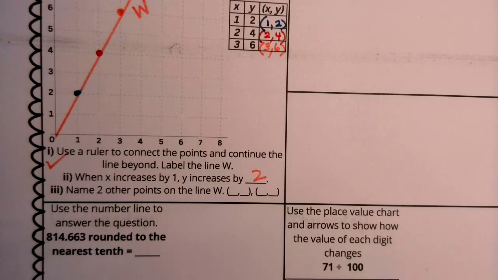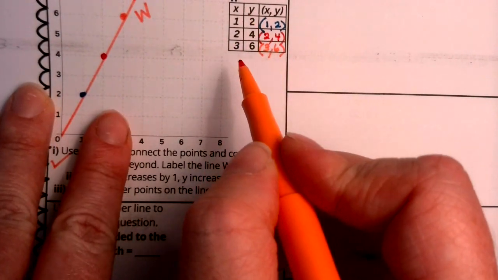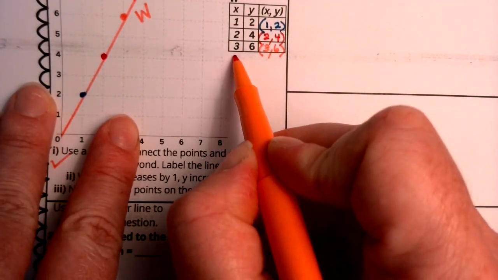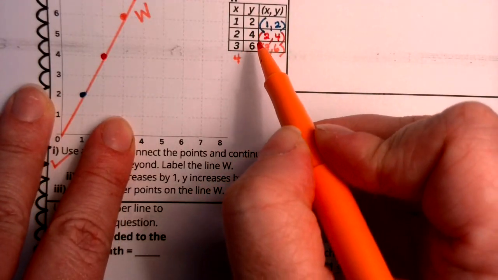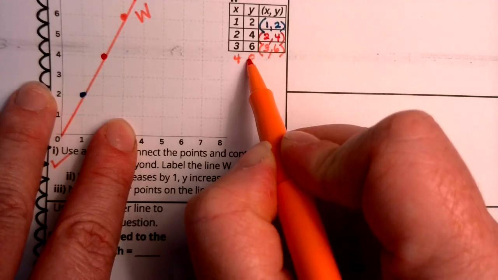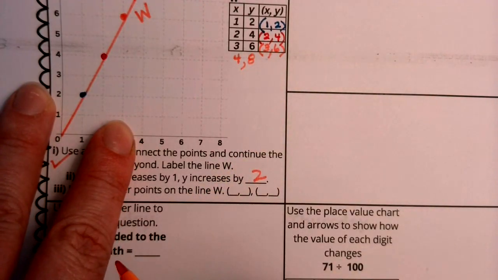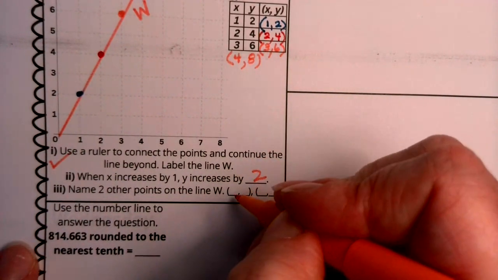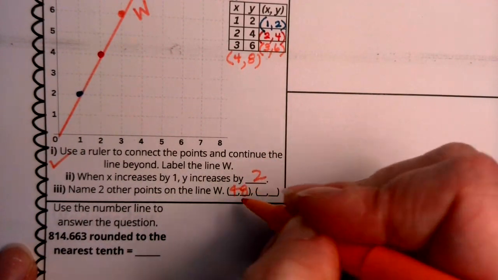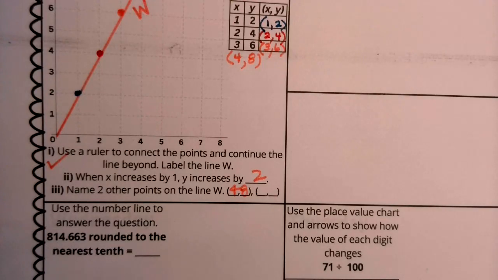Now, our third question says, name 2 other points on the line W. So let's continue. If we continue this pattern to be 4, right? 1, 2, 3, 4, what would the y be? We just said the pattern rule is to increase by 2. So wouldn't it look like that? We would have 4, comma 8. So I'm going to go ahead and write that here. Now, again, you could have something different. You could have 5, comma 10, right?